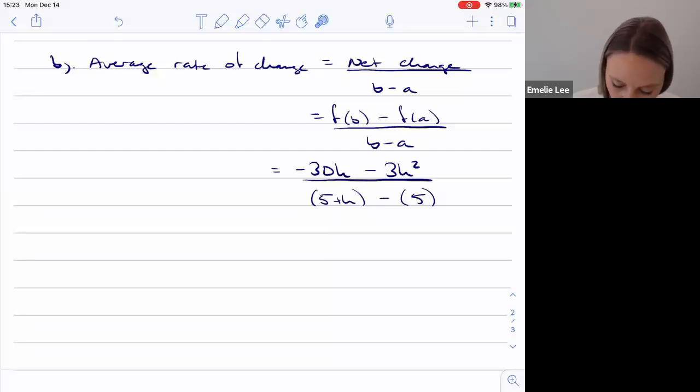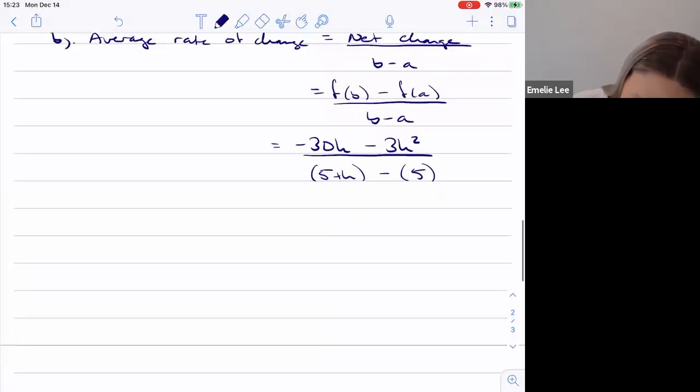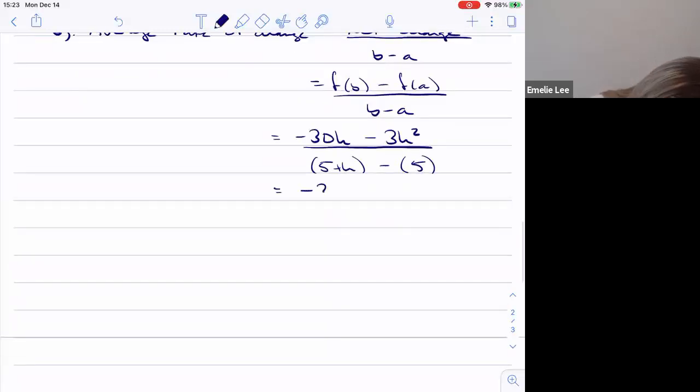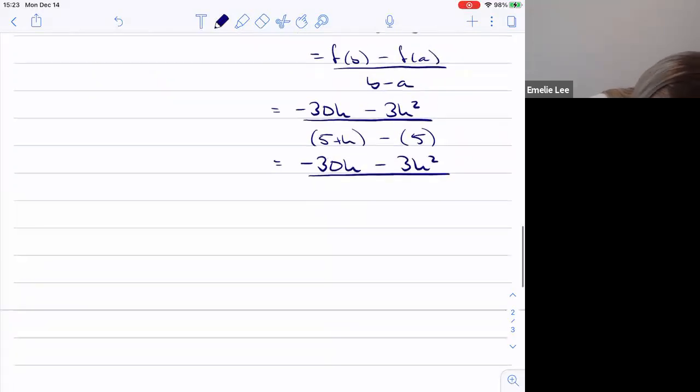So notice what happens here, and this is always going to be the case, 5 plus h minus 5, you're just left with h. And then that h is going to cancel with one of the h's factored out in the numerator.